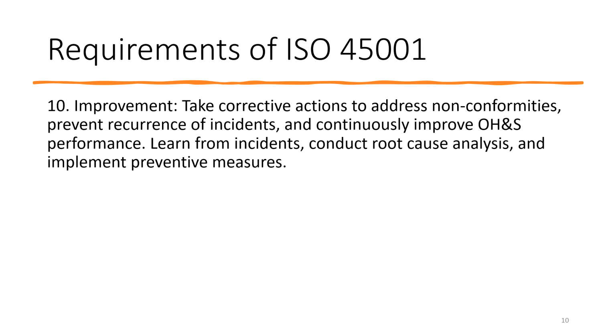When we look at Section 10, it's going to talk about improvement. What are the corrective actions that we're going to take to address any nonconformities and recurrence of incidents? It's bad enough that you have an accident, an incident, or a near miss, but what happens when you keep having the same one over and over again? That really means that you're not learning and getting better from something that already happened.